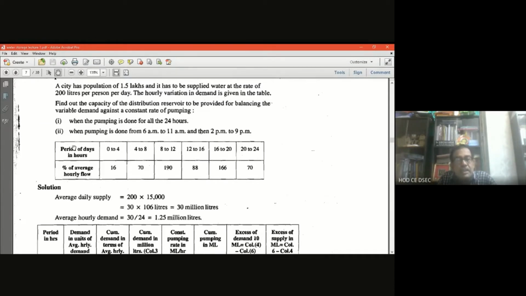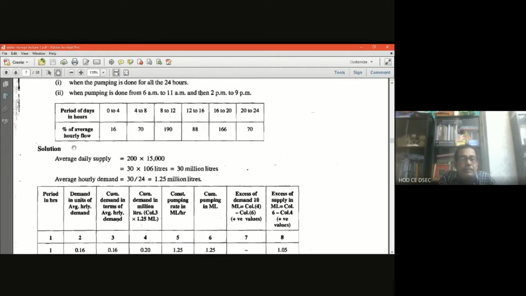So what is the average hourly demand? The average hourly demand is 30 divided by 24, that is 1.25 million liters. Now you have to prepare the table.